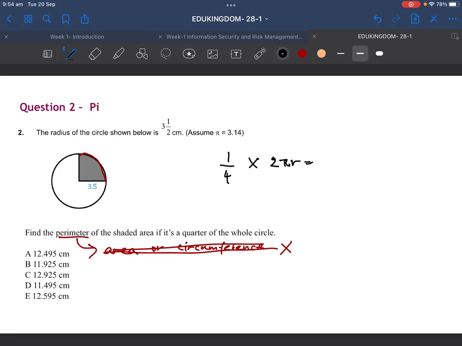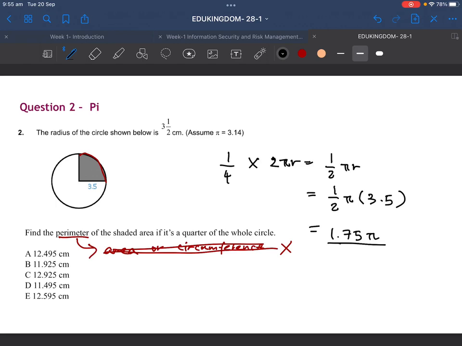A quarter times 2 pi r is actually half pi r. And what is r? R in this instance is 3.5. So 3.5 over 2 is 1.75 pi. And so this is our length of the quarter circumference.